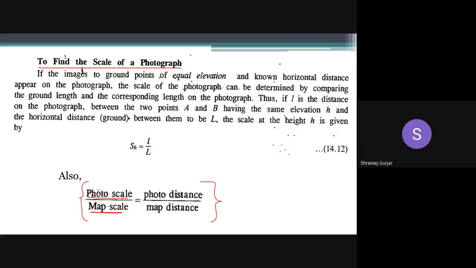So the ratio is equal to the photo distance by the map distance of two points A and B. The distance between these two points A and B in the photograph, divided by the same distance on the map. These ratios will be equal to each other. So this is also a relation you can remember if you want. Not very important, but you should know these things.